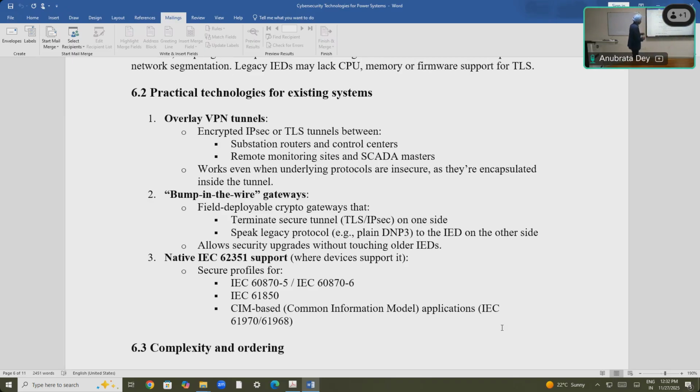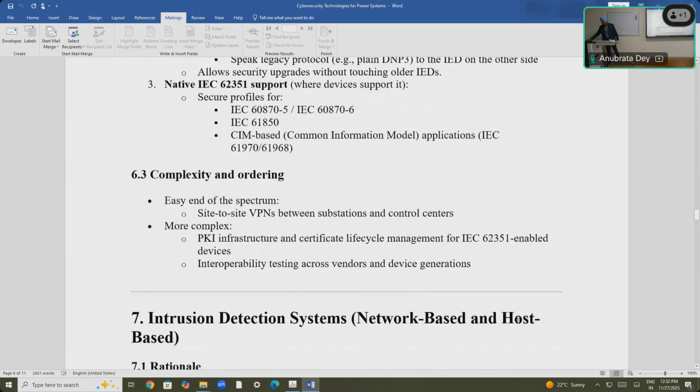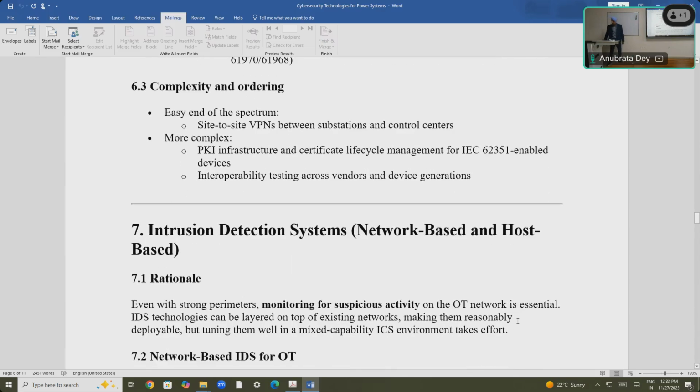Using TLS, and then you have the native IEC. If you are implementing that standard, then you have all the support for that. VPNs are easier to set up, but this public key infrastructure is a little bit more complex, right? We talked about that a lot already, right?